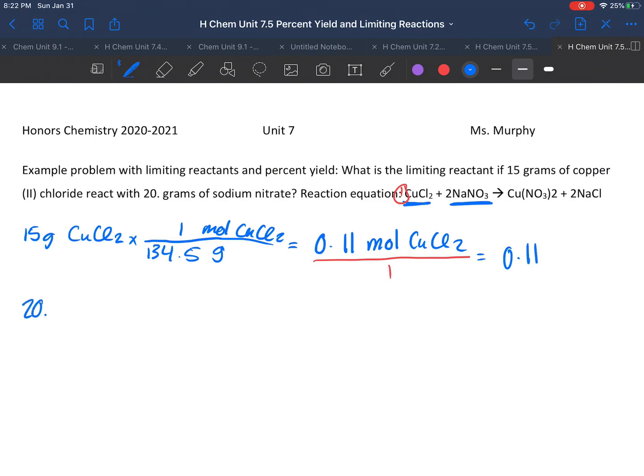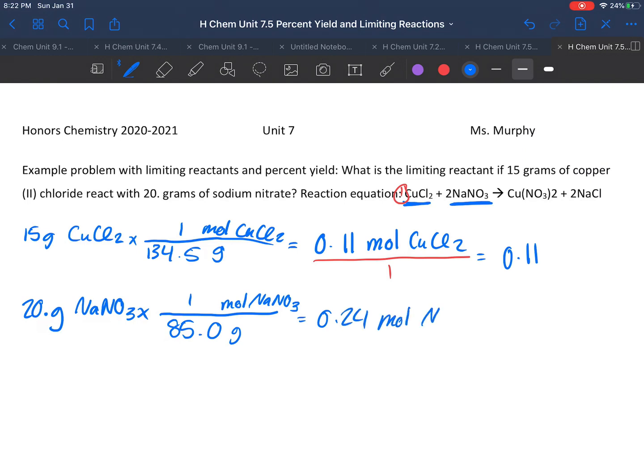Then we have 20 grams of sodium nitrate. Converting from grams to moles, in 1 mole, we have 85 grams, which gives us a value of 0.24 moles of NaNO3. Divide by its value of 2 from its coefficient. That gives us 0.12. So copper chloride is our limiting reactant.